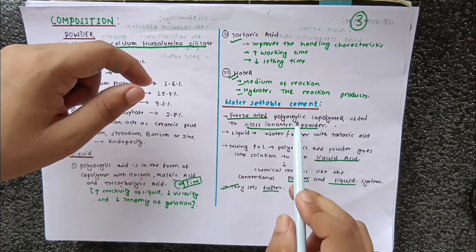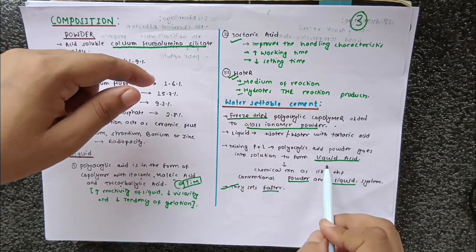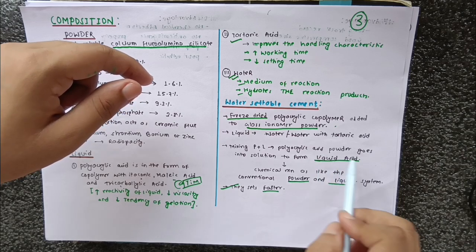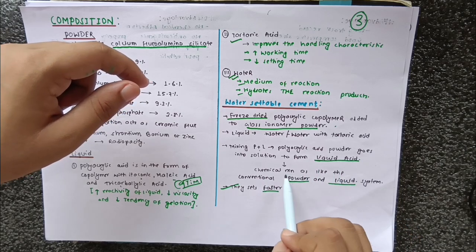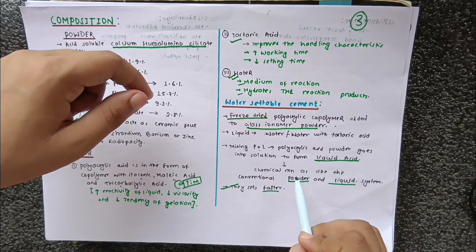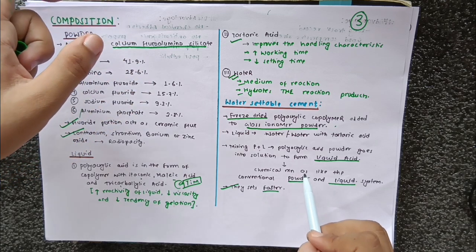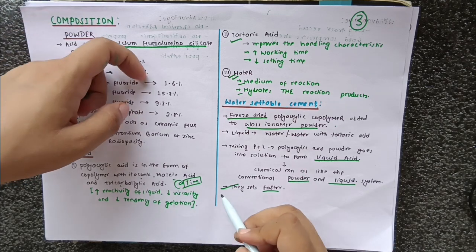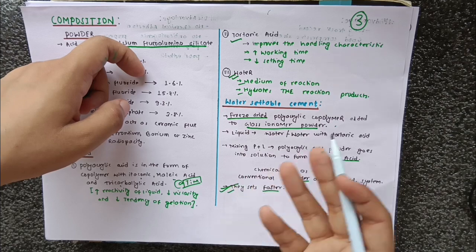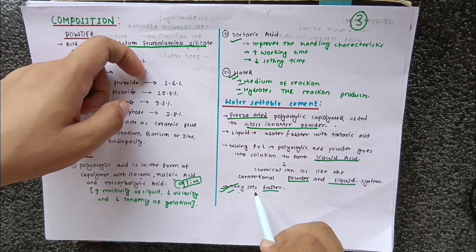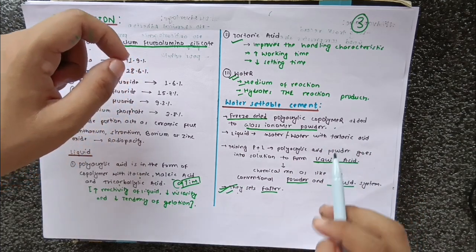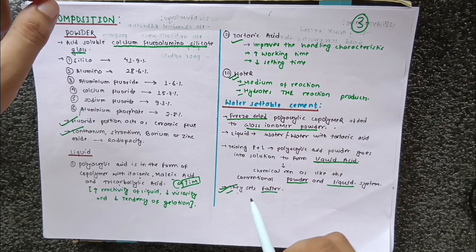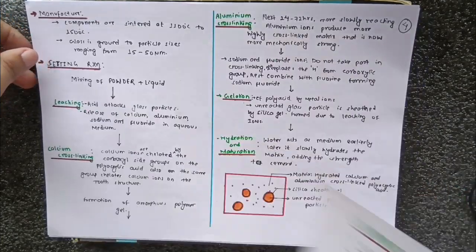Mixing this powder and liquid forms the liquid acid, and a similar chemical reaction takes place as in the conventional GIC. So they set faster, and that is the advantage. They do not require much time, so we use water settable cement.